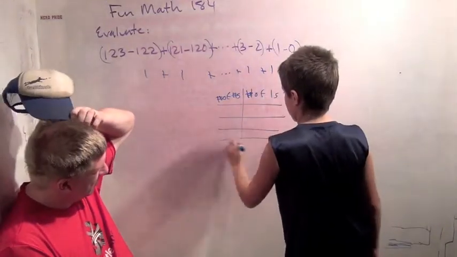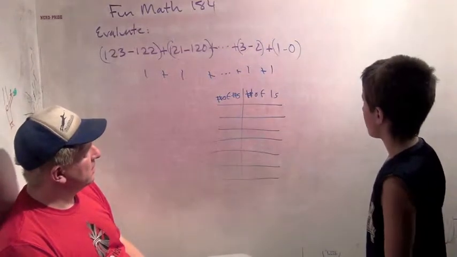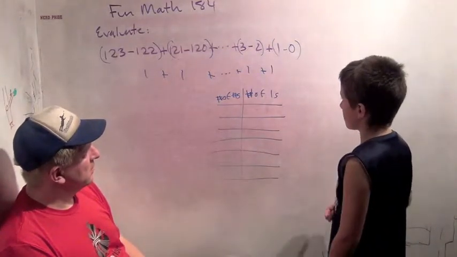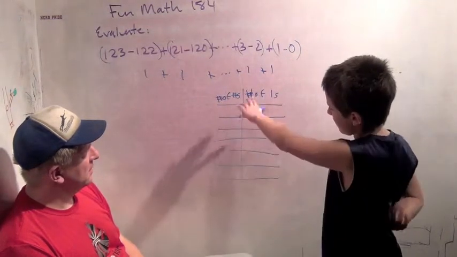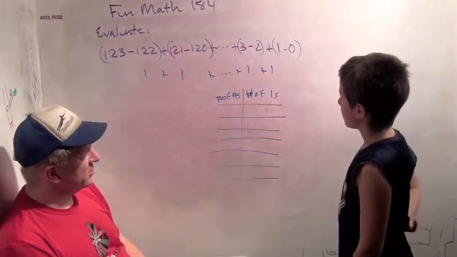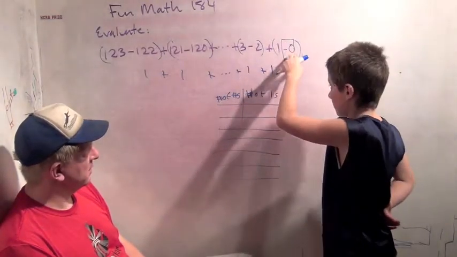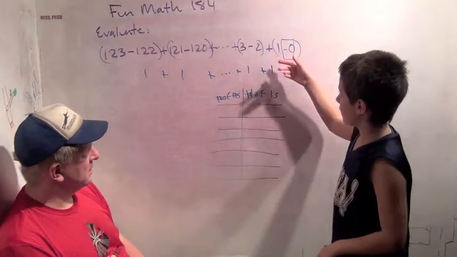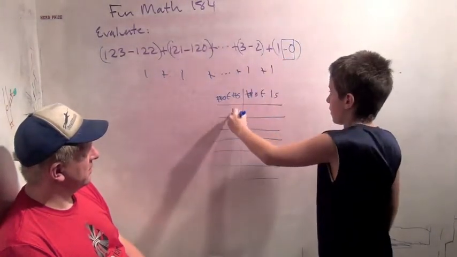Not sure what you mean, but hopefully when you explain it. All right. What do you want your chart to be? Well, if we know this 0, then we could start it. We'll start with one number.